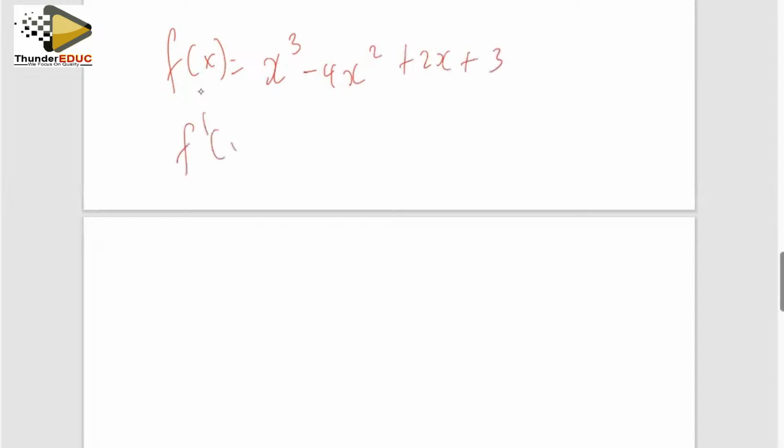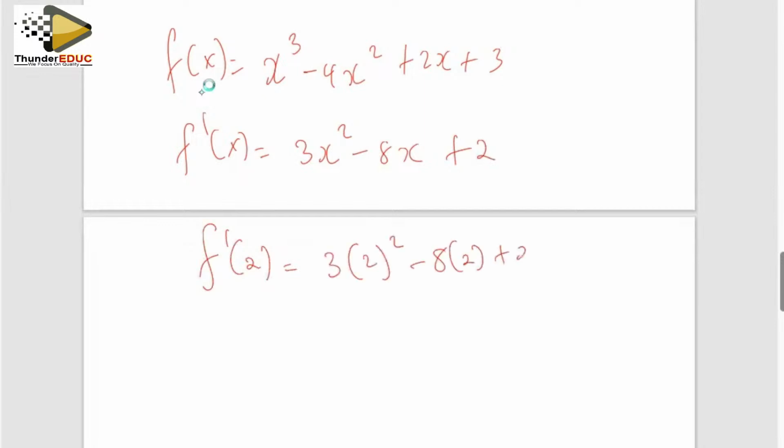So f prime of x is going to be 3x squared minus 8x plus 2. Let's substitute the 2 so that we get the exact value of the gradient. So 3 times 2 squared minus 8 times 2 plus 2. That is going to be 12 minus 16 plus 2, which is negative 2. So we have the gradient of the tangent as negative 2.